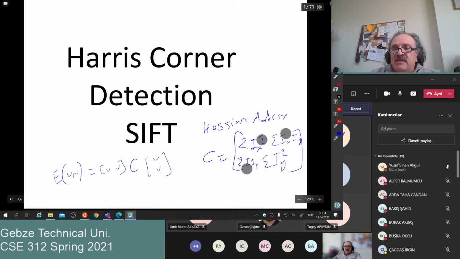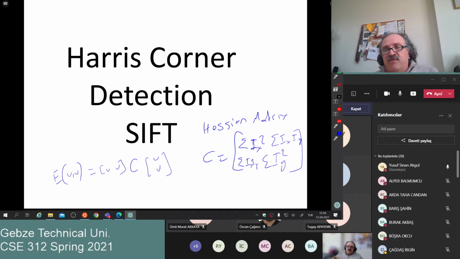It depends only on the part of the image that we are looking at, and that's a very good observation. Then we said that this is like an ellipsoid formula actually. This is like an ax square plus bxy plus cy square kind of formula for an ellipse.